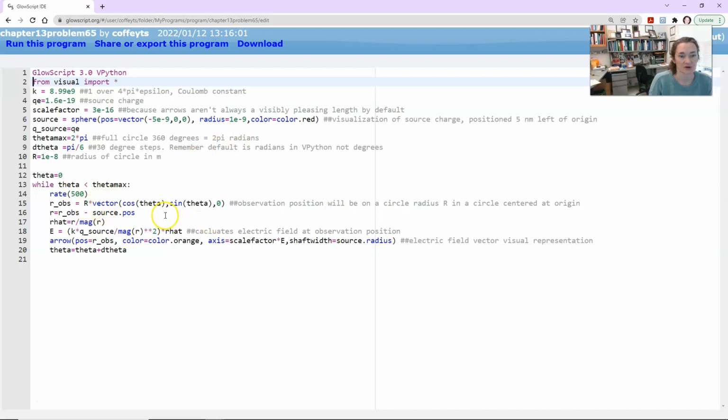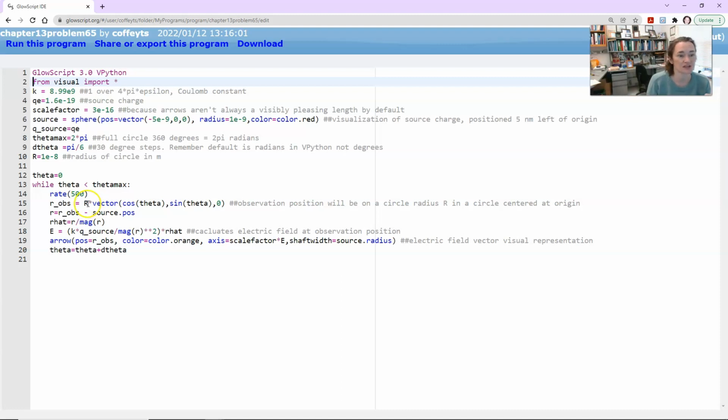And I do that by choosing it to be at the origin. So what's going to happen is it's going to draw a circle whose center is the origin, and then it's going to look at the perimeter of the circle in 30-degree increments as it walks along.